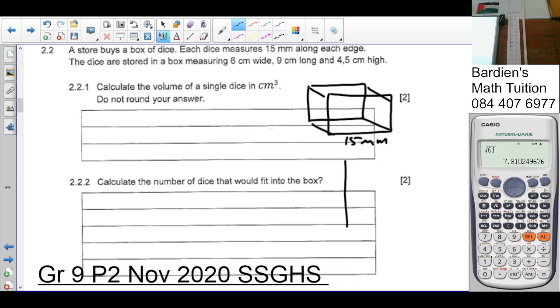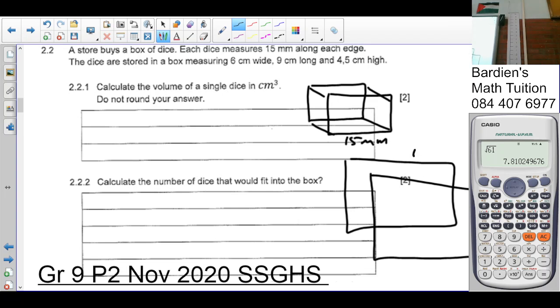Okay, so this is the box now. Now the storage compartment measures 6 centimeters wide, 9 centimeters, and 4.5 centimeters high. Calculate the volume of a single dice in centimeters cubed.